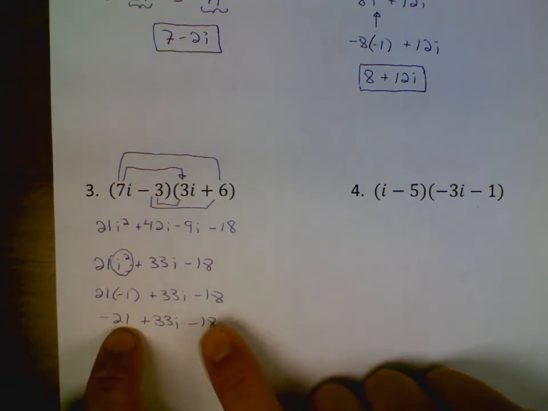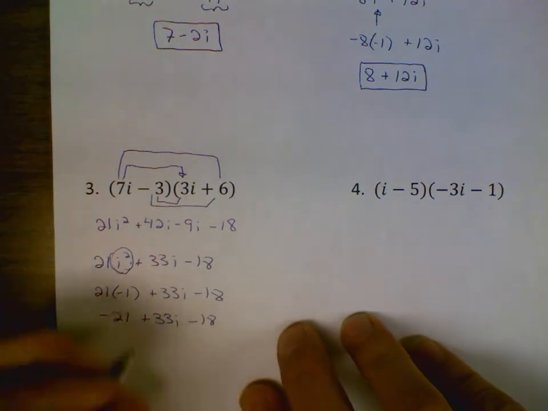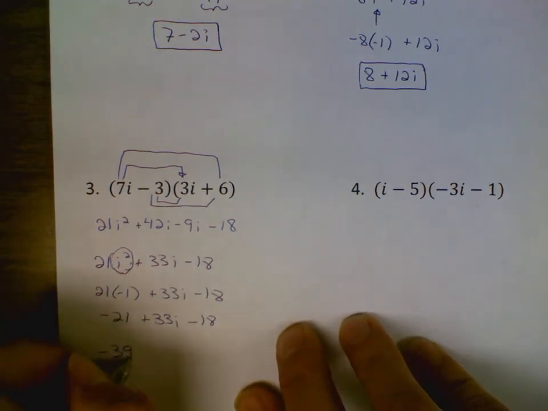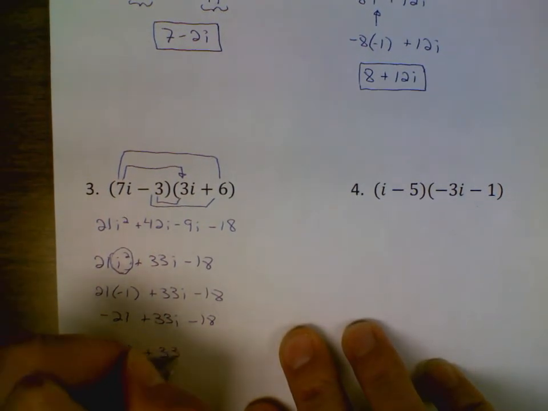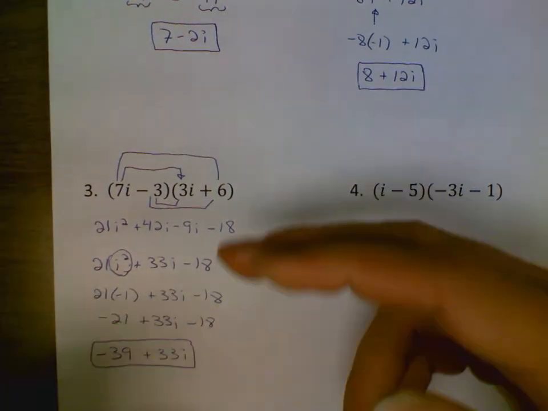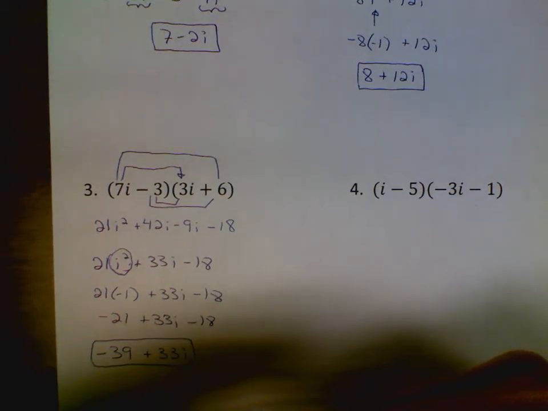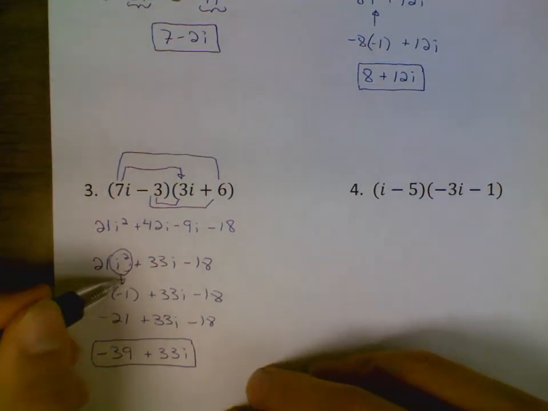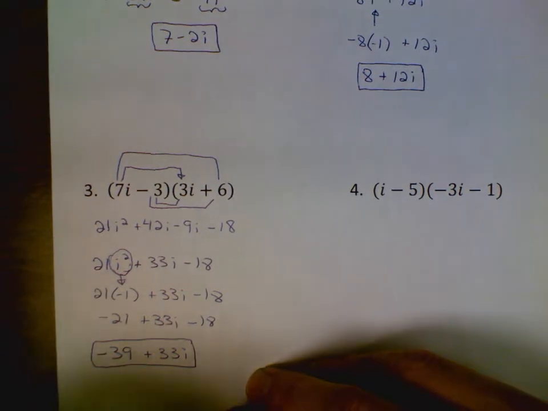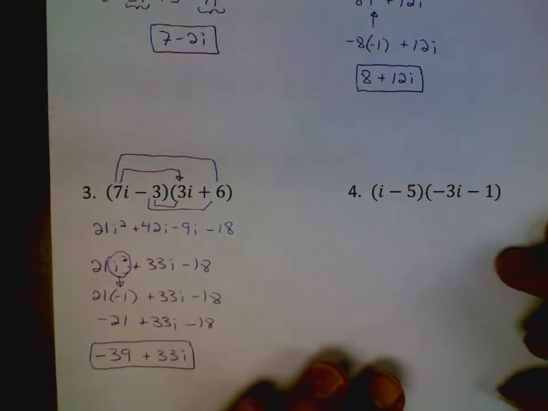If I take -21 minus 18, that's going to give me -39 plus 33i. So it's just like what you're used to doing. The only step with imaginaries that's different is taking an i squared and simplifying it to be -1.